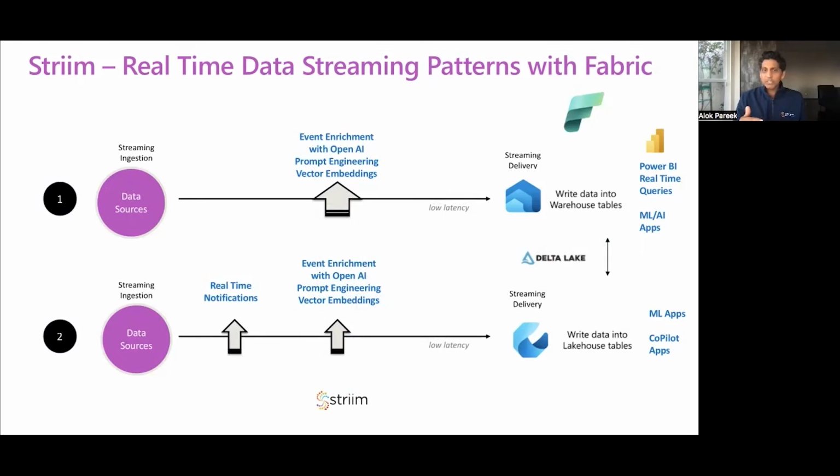As the event comes in, you could do event enrichment with OpenAI for prompt engineering, and also build vector embeddings to store the actual embeddings in downstream systems. Then with very low latency, we can deliver the data via a SQL endpoint into Fabric warehouse data stores.